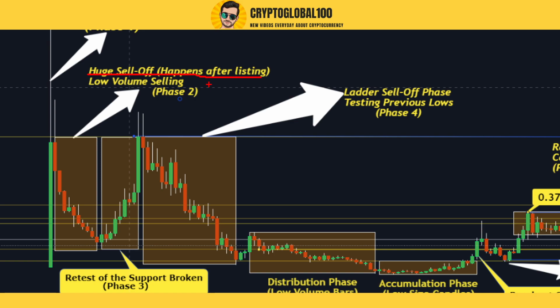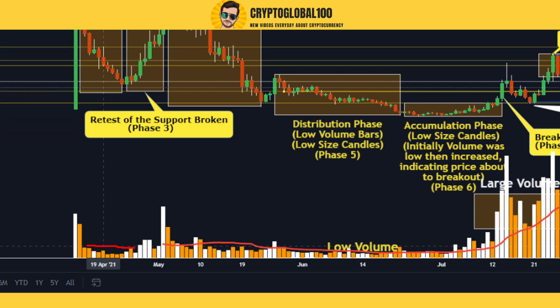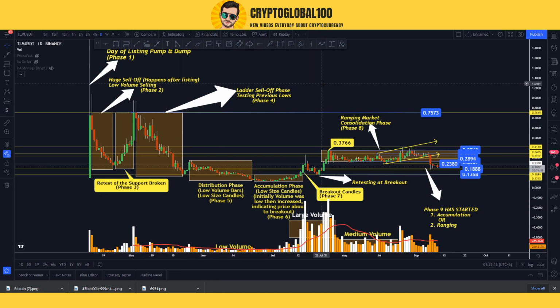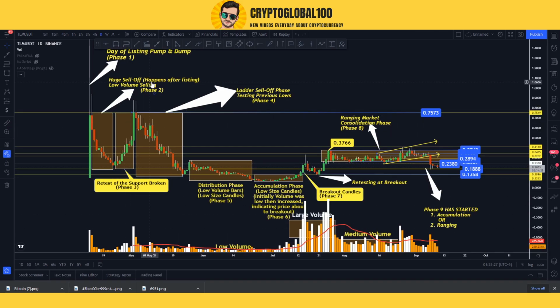After the listing, the whales or the early holders sell their coins. But here the interesting thing was the volume was very low. It was suspicious. Usually a coin sells off with a huge volume, but here the volume was very low, so it was suspicious from day one. So this was phase 2.